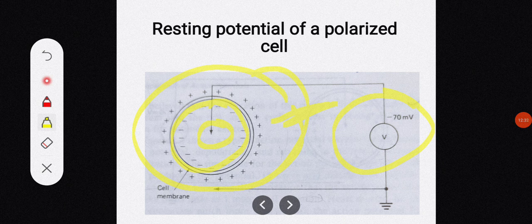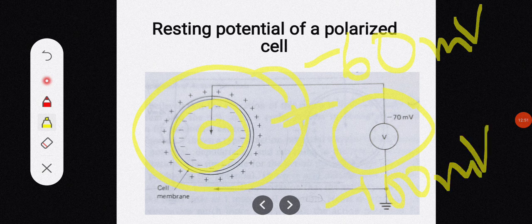And this resting potential for various types of cells comes out to be minus 60 millivolt to minus 100 millivolt. The range of the resting potential for various types of cells is minus 60 millivolt to minus 100 millivolt.